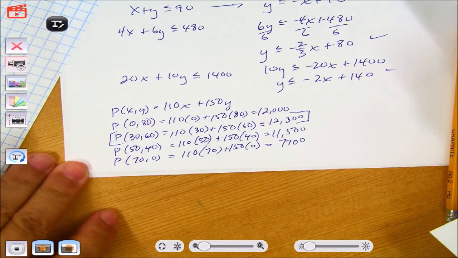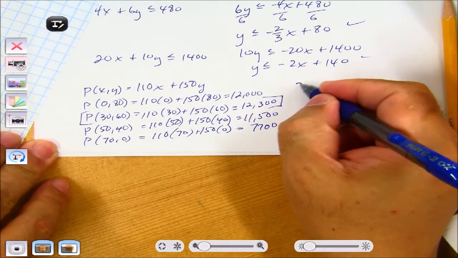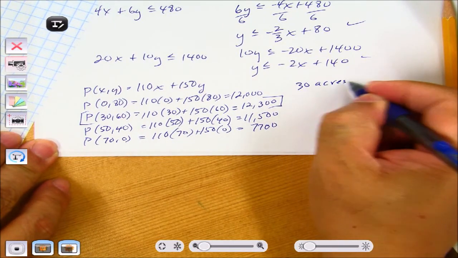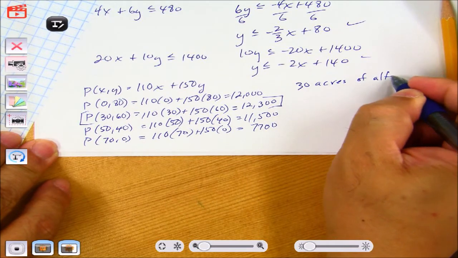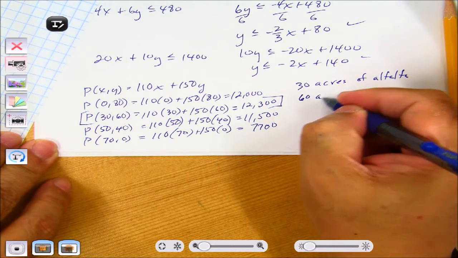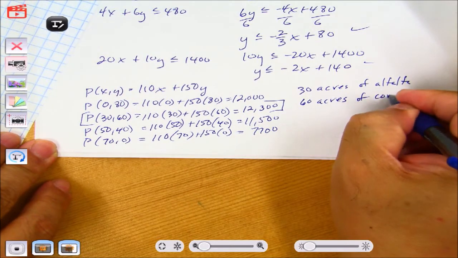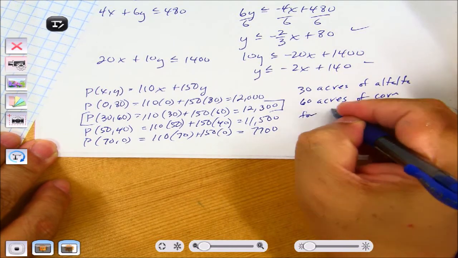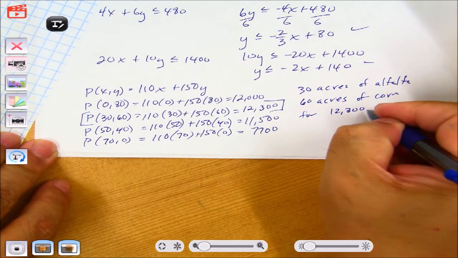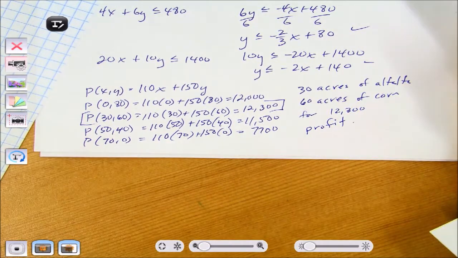So 30 of alfalfa and 60 of corn. So you do 30 acres of alfalfa and 60 acres of corn for 12,300, or at least income.